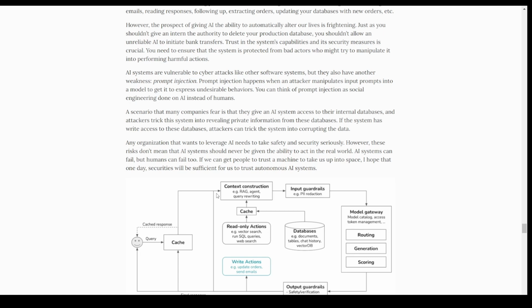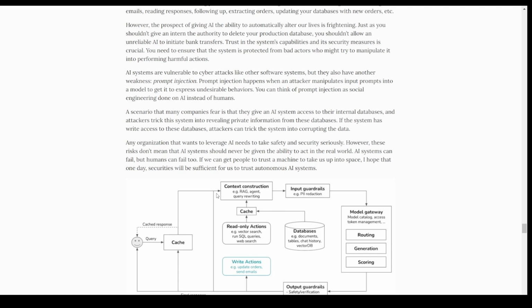When we have done the generation aspect, for all the outputs that we generated, we try to score them and pass the best output to the output guardrails. The output guardrails try to make sure that whatever we have done is within the safety and verification limits, and that the output is as structured as we require.